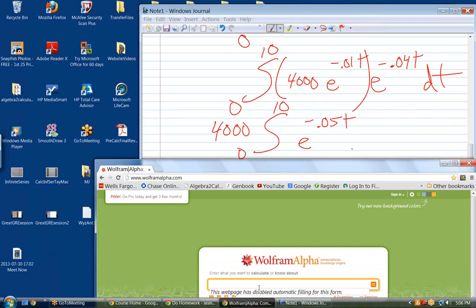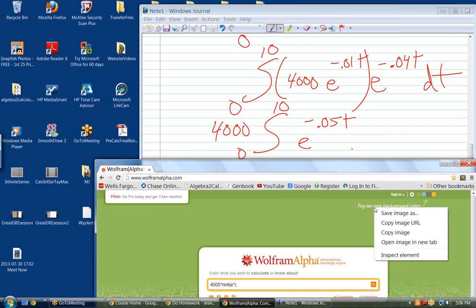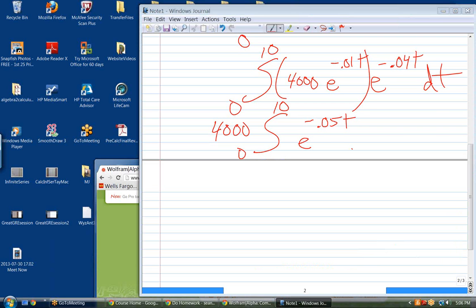And we want 4,000 times nint, which stands for numerical integral, of e raised to the negative 0.05 x.